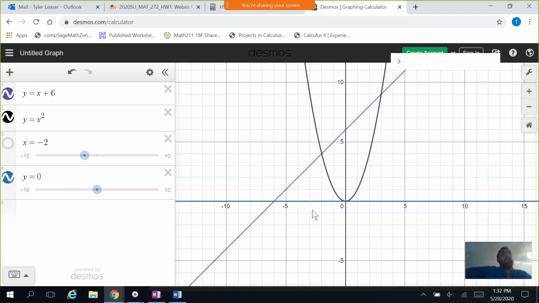If you were going to do the shell method, you would have to do horizontal slices because your axis of rotation is horizontal. The problem with horizontal slices is that your slices would be defined differently as you moved up your area. Initially, your slice would go from the parabola back to the parabola.